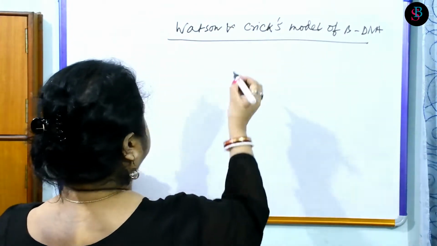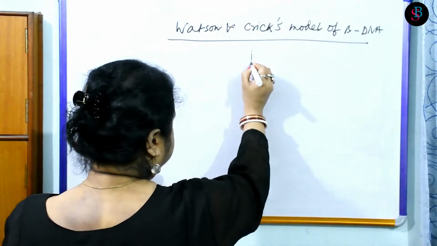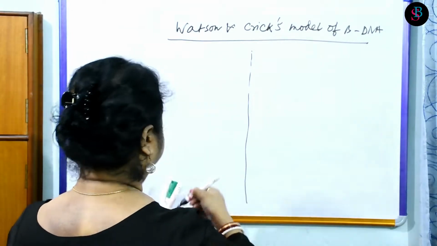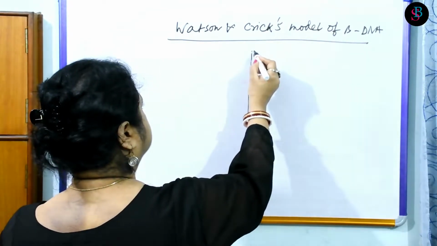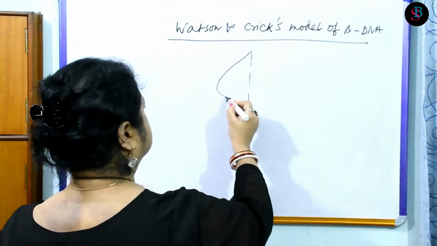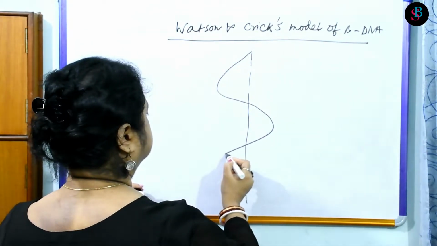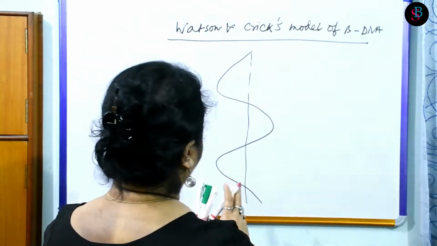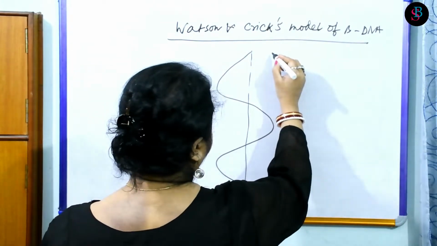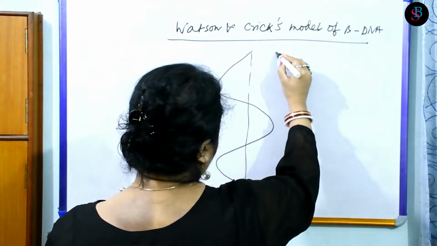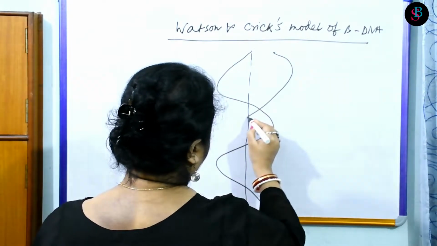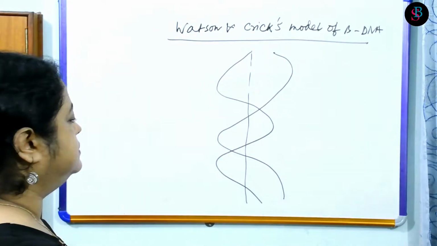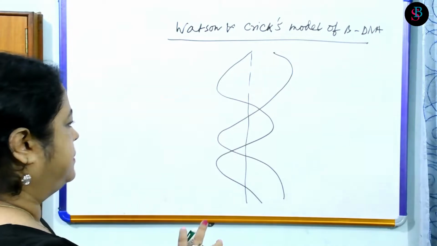firstly I am drawing the structure of the Watson-Crick model. In all books you will get the diagram, but I am giving a very rough diagram of it.